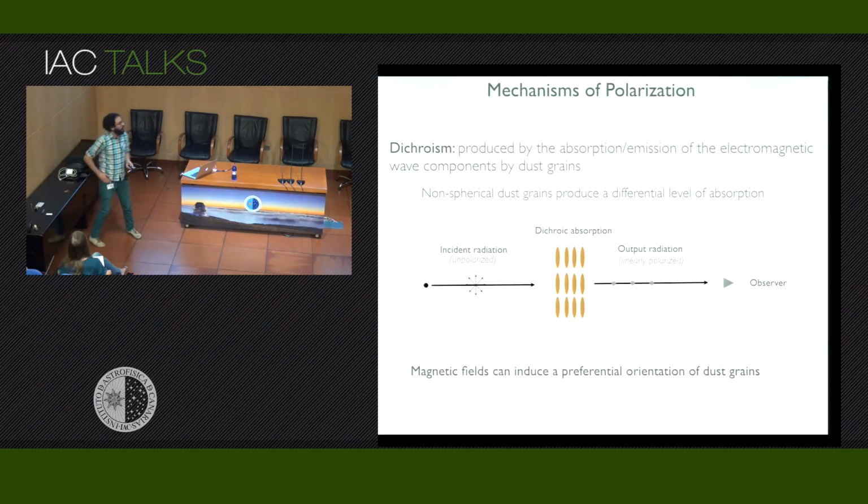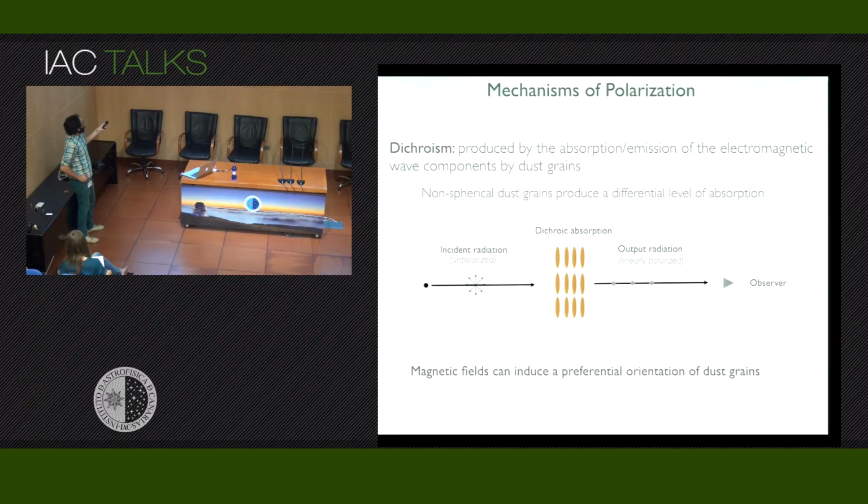The last mechanism of polarization I want to show is dichroism, which is produced by the absorption or emission of the electromagnetic wave components by some dust grain. This mechanism is produced by non-spherical dust grains, which produce a differential level of absorption in the X and Y axis. Here, for simplicity, this source is illuminating some unpolarized light.